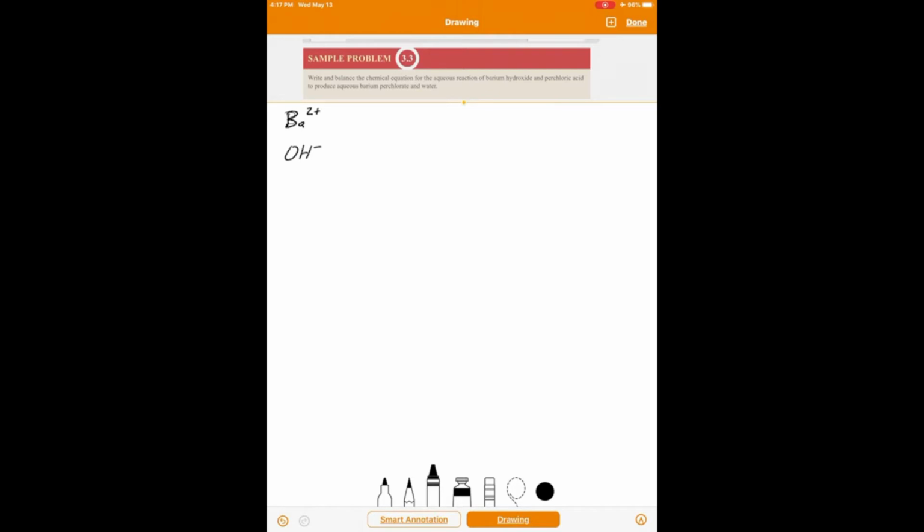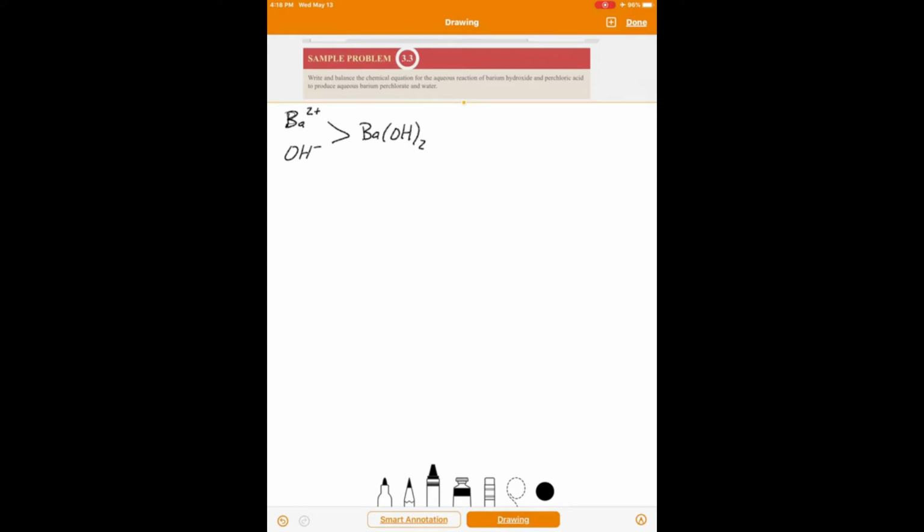The group 2 metals, which would be beryllium, magnesium, calcium, strontium, and barium, have charges of +2 as ions. So if you take a look at their charges, the barium has twice the charge of hydroxide. So if you're going to write a chemical formula, we need 2 hydroxides for every barium.